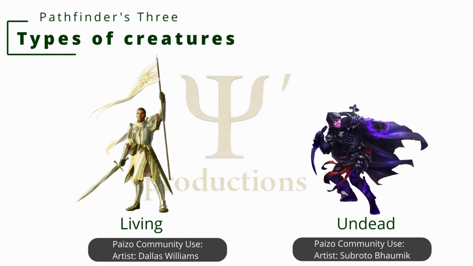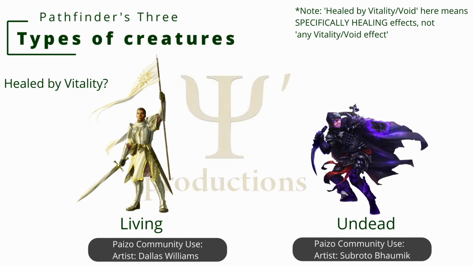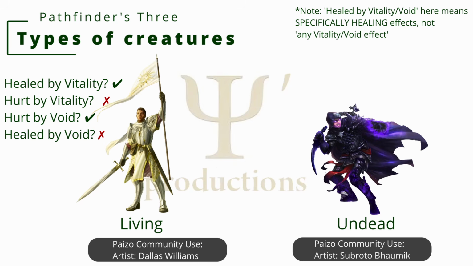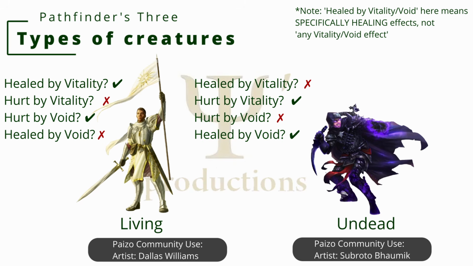So, broadly speaking, living creatures can benefit from Vitality healing and are immune to Vitality damage. They can also be hurt by Void damage and cannot be healed by Void healing. Undead are exactly the opposite. Hurt by Vitality damage, immune to Void damage, yada yada yada.